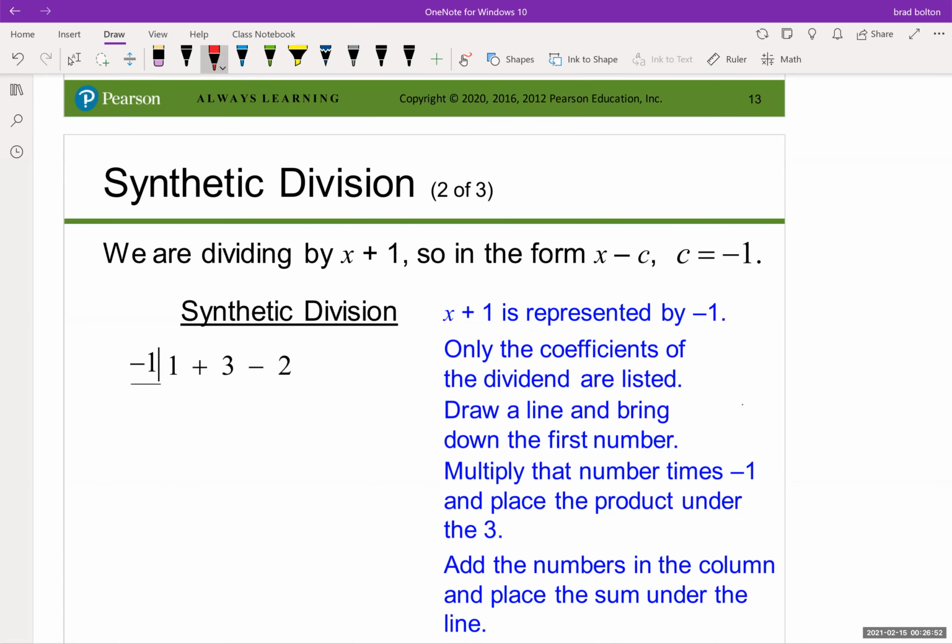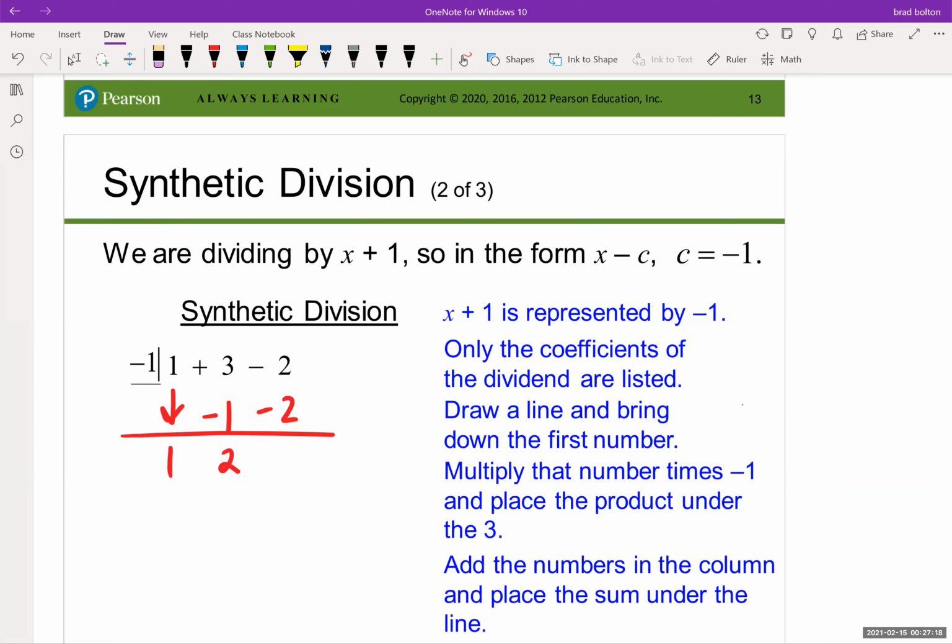Now what I always do is draw a bar, and you always bring the first term down right away. So we get a 1 there. Different than long division, you do addition. So you multiply -1 times 1, and that gives me -1. You put it right there. Then you add, so this gives me 2. Now we do -1 times 2, which is -2.